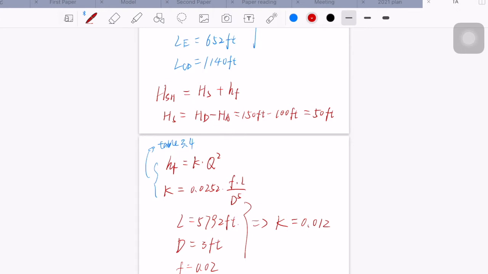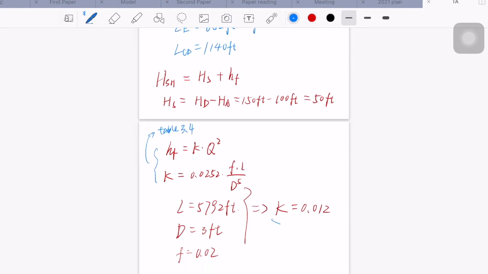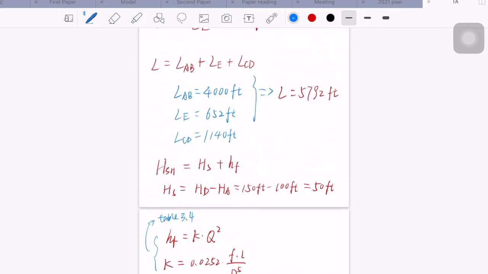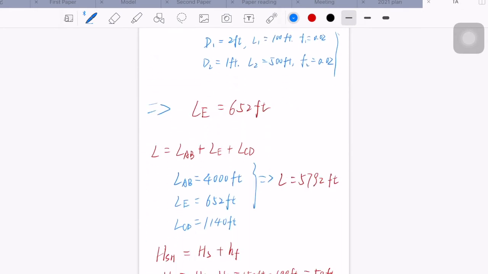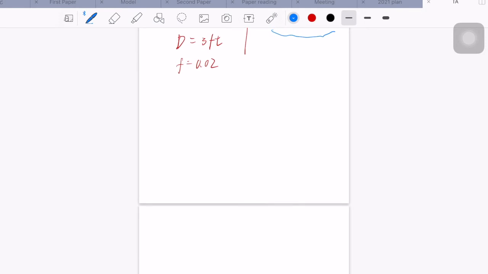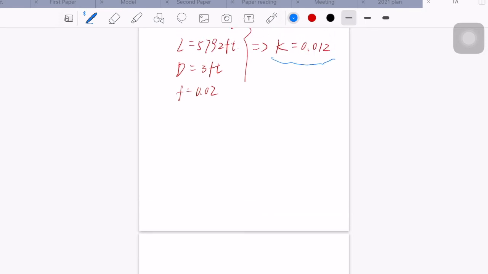And now we know the K value, and we also know the pump characteristics, so we can use Excel to create a table like the one I created before.